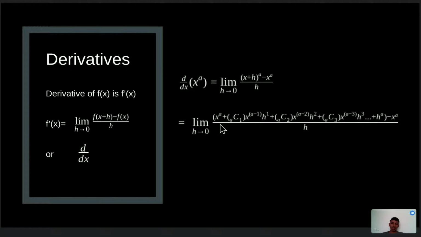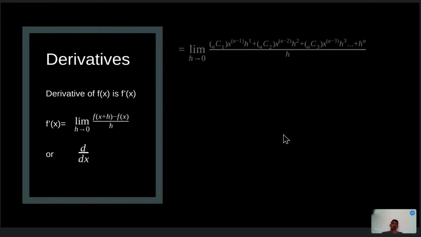So what this is saying is, when you add x plus h to the power of a, you get x to the power of a plus a choose 1, x to the power of a minus 1, h, plus, and so on, all the way until you get to h to the power of a. Because as we continue, h keeps on growing and x keeps on shrinking, so at one point x to the power of a will equal 1, and we won't write it in.